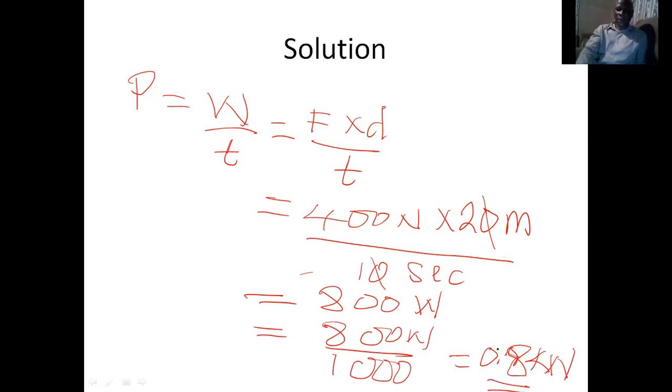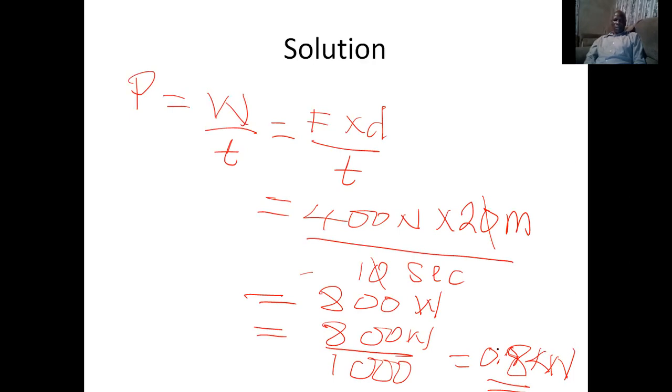And so today we looked at the concepts of how we can calculate power. This is very important because it has helped us to understand that we are able to manipulate the formula for power, which is equal to work over time, by looking at the work, which can be expressed as force multiplied by distance, over time.